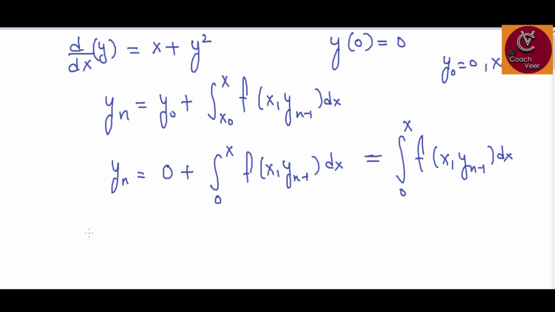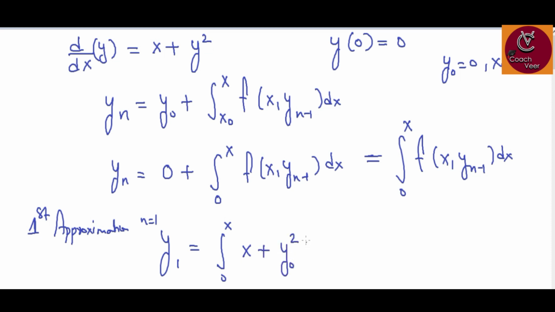Let's proceed. So let's go for the first approximation. For the first approximation, n value is 1, so y1 is equal to y naught, which is 0, so I'm not writing it, just 0 to x, the limits, and the function. The function is x plus y naught square.